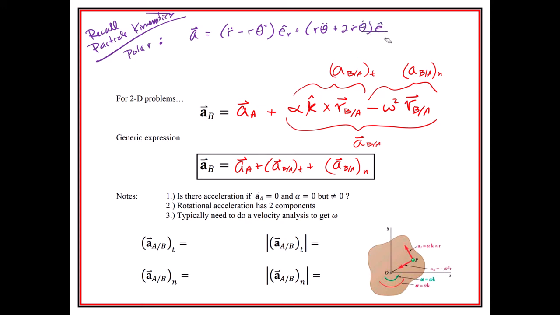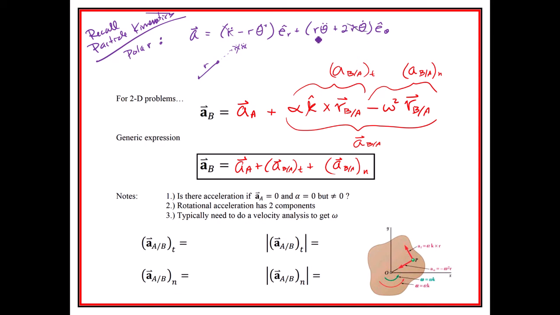Now, that was when we had some kind of polar notation where we had R and we could have an R dot term and an R double dot term, as the thing was getting longer. In rigid bodies, the R's don't get longer, right? So there is no R double dot, and there's no R dot right there.